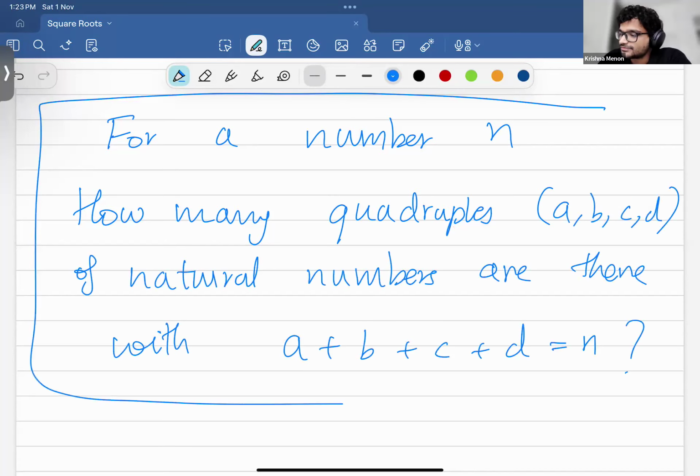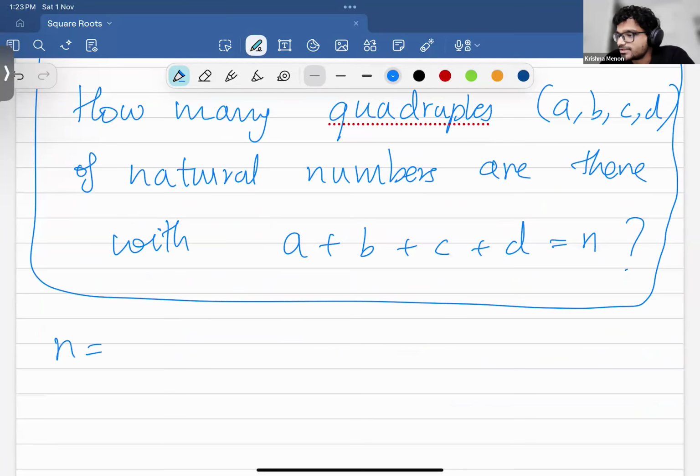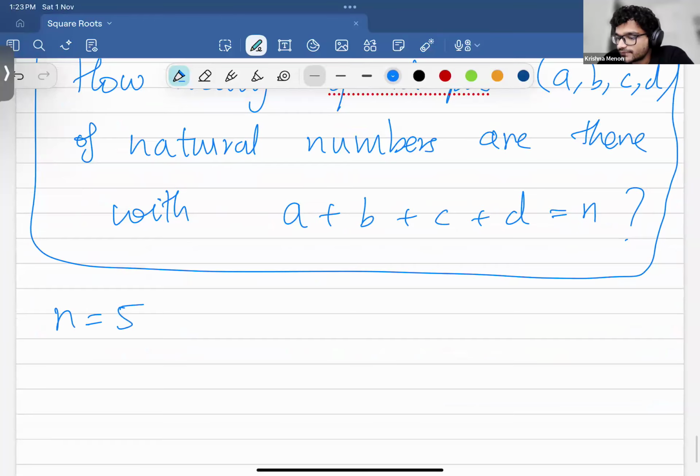Okay. So this is sort of, I mean, this is what we have been doing. So we started with first how many pairs of numbers there are with this property, then how many triples of numbers there are. Then of course the next natural thing is what if now I have 4 numbers. Okay. And again, just so that everyone is clear, we will look at an example. Let's say n is equal to 5.